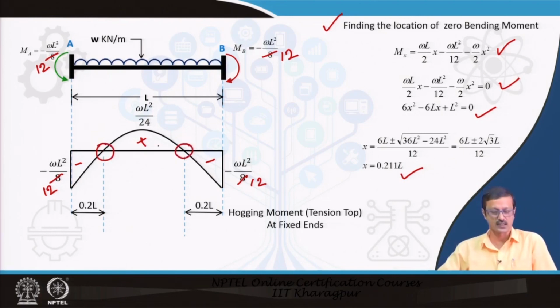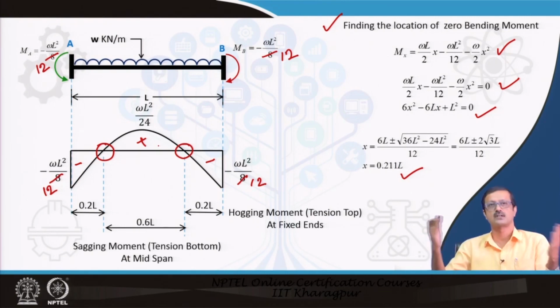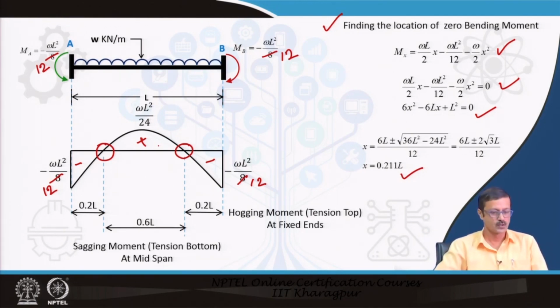Those are the hogging moment areas, from that point to the end is the hogging moment area, and the central 0.6 times L, that is 60% of the central span, will be under the sagging moment, tension at the bottom, and the 20% at each end, a total of 40% of the span of the beam, will be under the hogging moment, tension at the top.